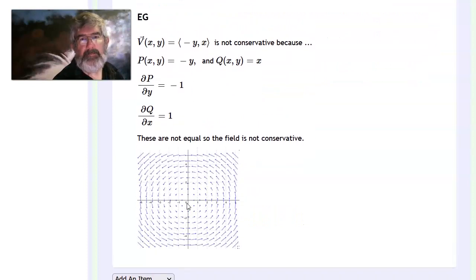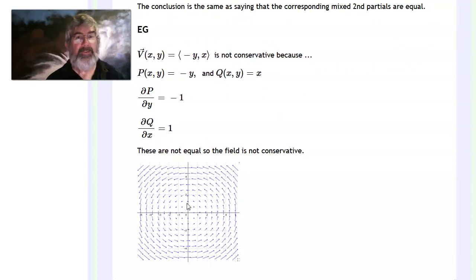Right? So there you go. This is a negative theorem only. That is, if you want to prove something is not conservative, then you can show that these partial derivatives are not equal. If you want to show that something is conservative, at this point of the game, what you have to do is find a potential function whose gradient is equal to the vector field that you think is conservative. Okay, so there you go. Gradient fields as vector fields.